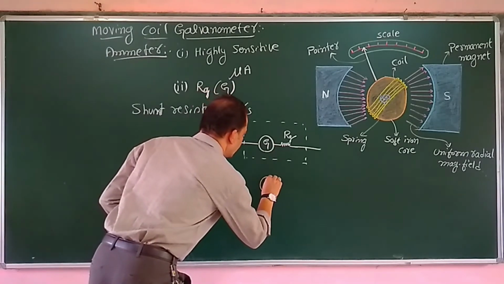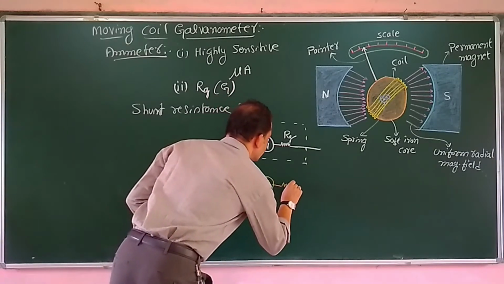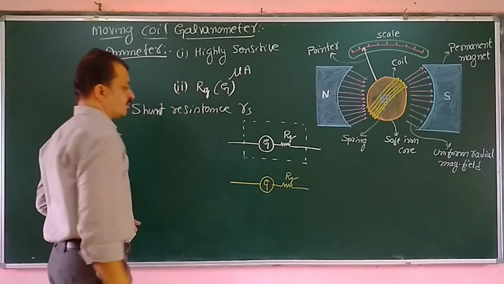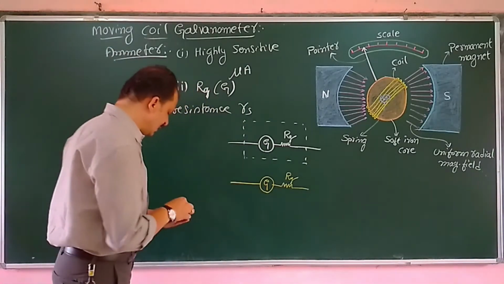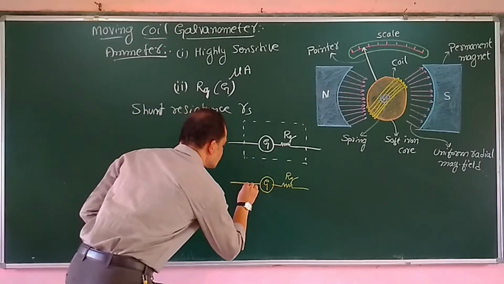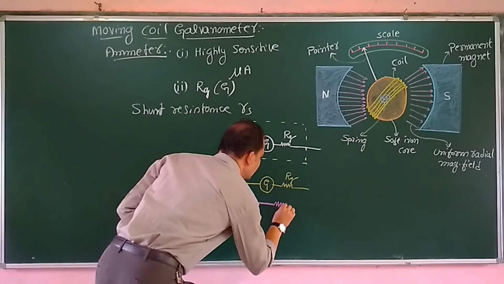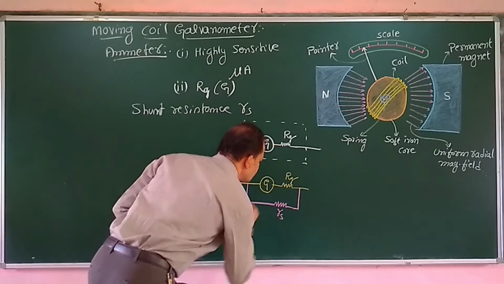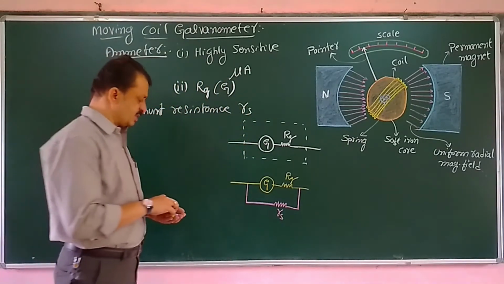I have a galvanometer with an internal resistance Rg, and I convert it into an ammeter by connecting a small resistance in parallel. That small resistance we have called shunt resistance.